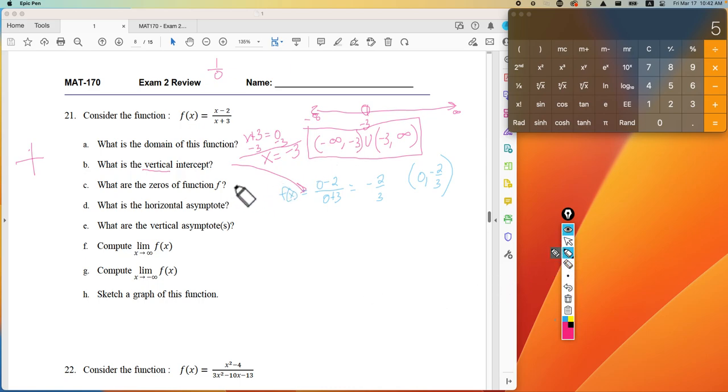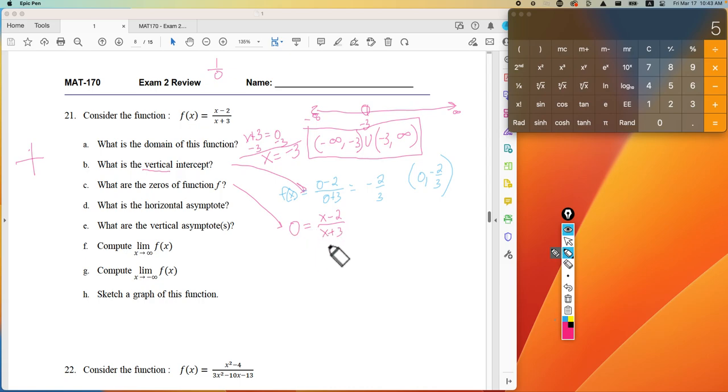So what are the zeros of this function? That's a slightly different question. It's when is the y value equal to 0? And so we need to solve this.